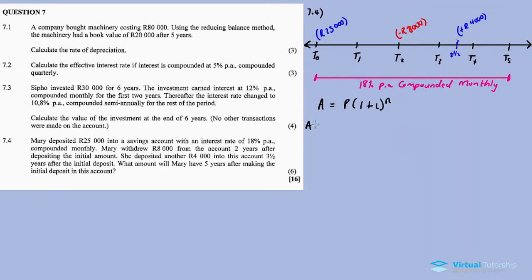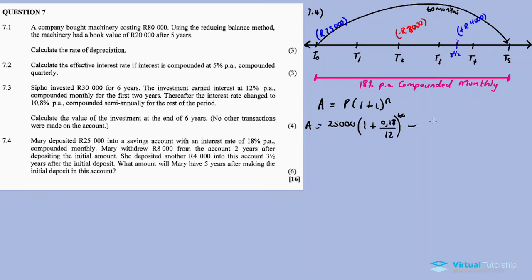So the accumulated amount is 25,000 rand in brackets 1 plus the interest rate 0.18 divided by 12, compounded monthly, raised to exponent 12 times 5, because the money stays for a period of 60 months. From 0 to 5 is 60 months.